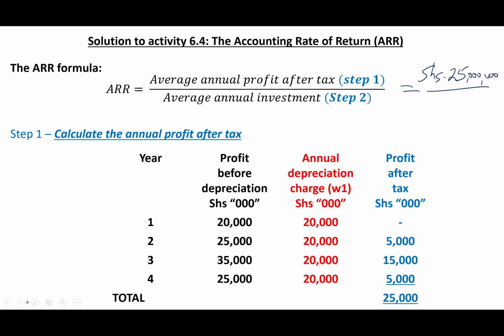Oh, sorry, we haven't yet determined the average. Remember this is the total profit, but now we need to get its average by dividing by the number of years. I'll give you some time to finish up with this, then we can get the average annual profit after tax.